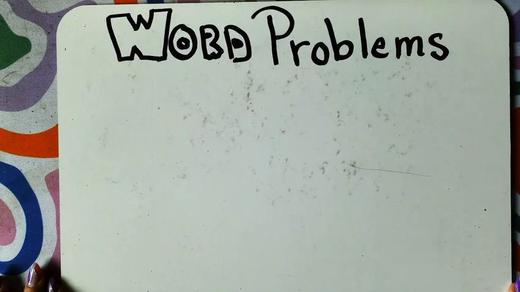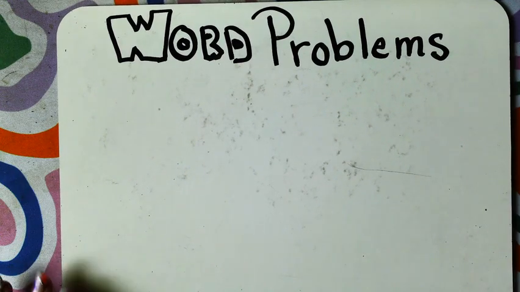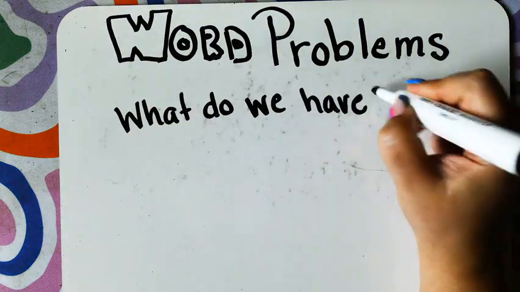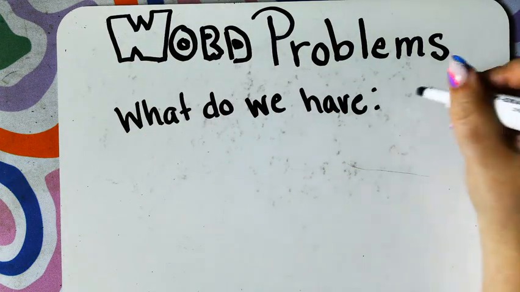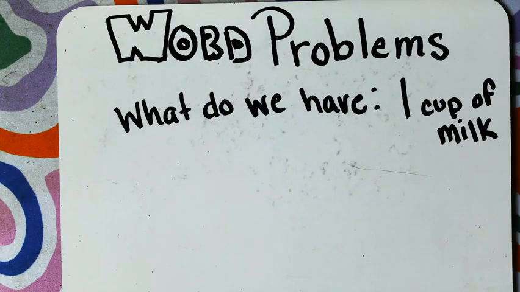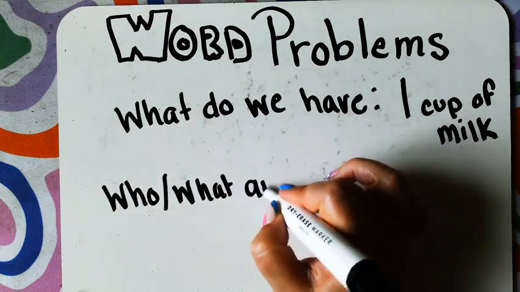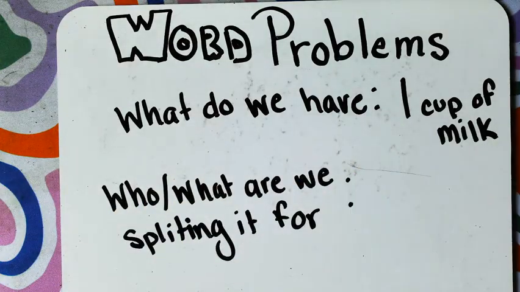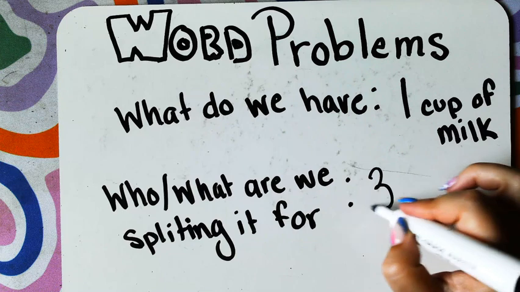In our word problem, here's what we have to think about. We need to think about, what do we have? In this particular word problem, we have 1 cup of milk. Then we need to think about who or what we're dividing it up for. In this case, we're splitting it up for 3 kittens.